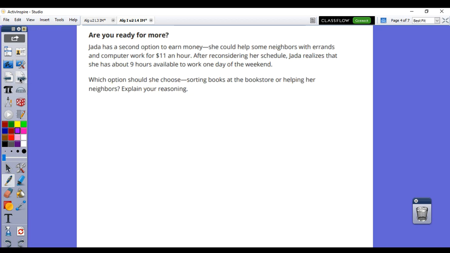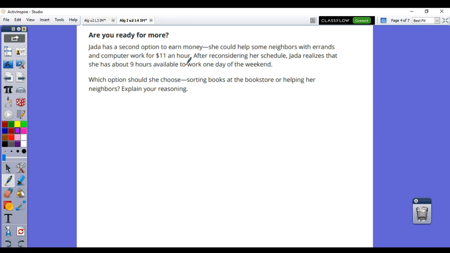So are you ready for more? If you're doing okay, we're going to go ahead and do this one. If not, we'll move on. But Jada has a second option to earn money. She could help some neighbors do some computer work for $11 an hour. She has about 9 hours available to work one day. Which option should she choose? Sorting books at the bookstore or working for the neighbor?